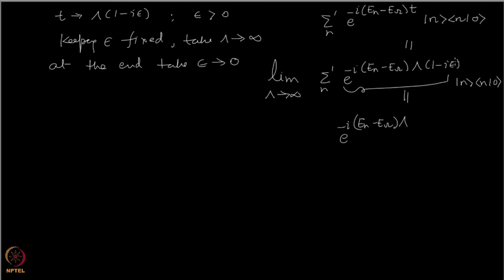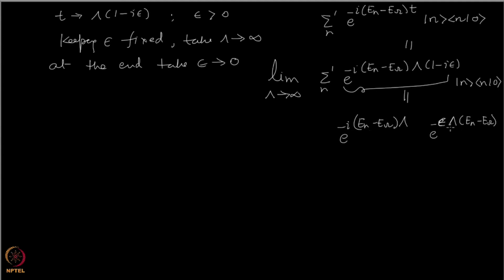Now let me take care of the minus i epsilon piece also. Minus i times minus i gives you a minus 1, so you have minus epsilon lambda times (E_n minus E_omega). This is multiplying all the states, and n, of course, you sum over.